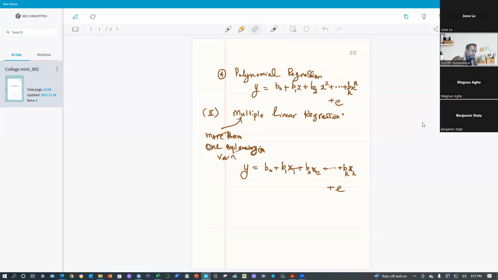You have the variables here, x1, x2, up to xk. Those are coefficients, b1, b2, bk. But here it's not like that.